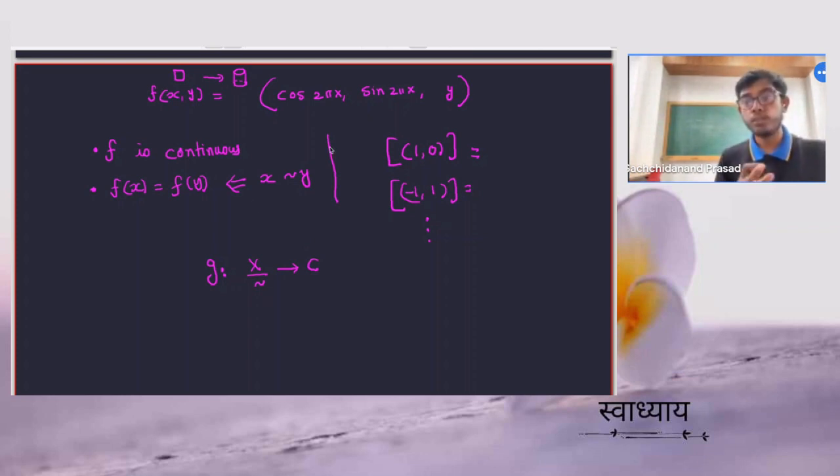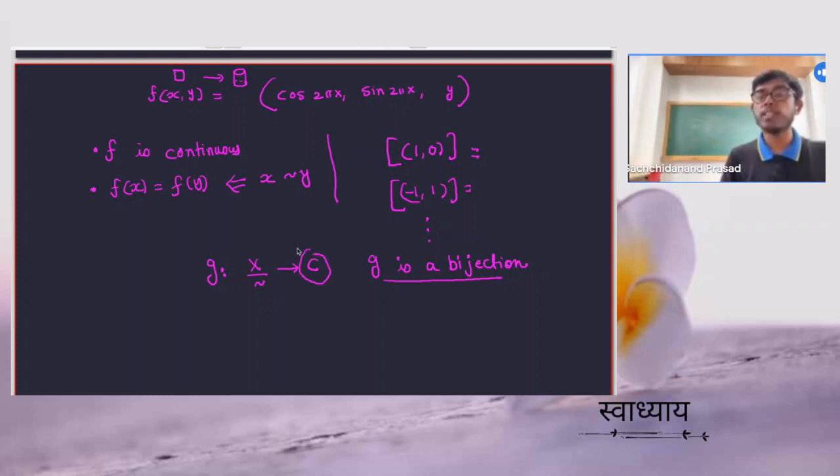And again, you see that this g is a bijection. And X is compact, therefore X naught tilde is compact, and this cylinder is a Hausdorff space, and therefore this is a homeomorphism. And this proves that the quotient of the square on the opposite sides gives you a cylinder.